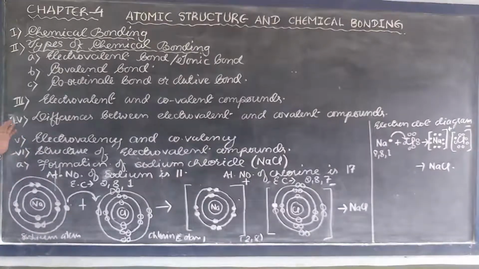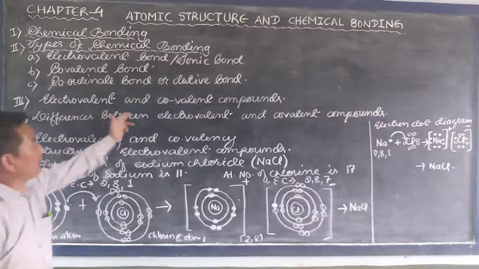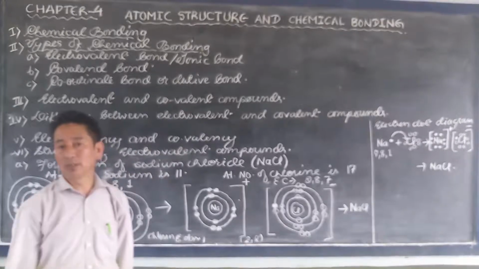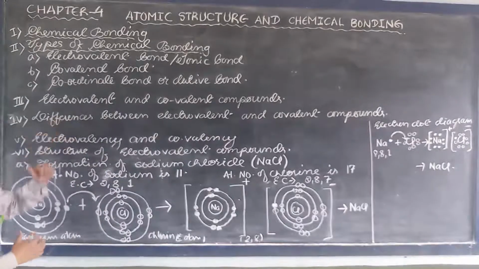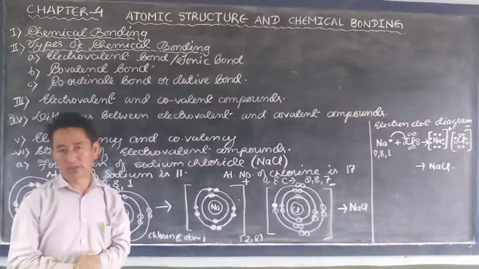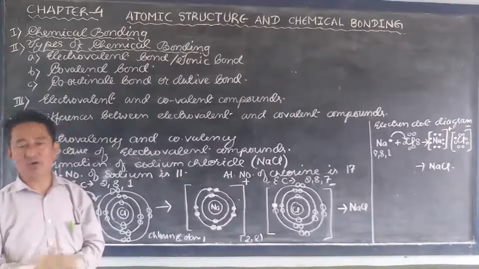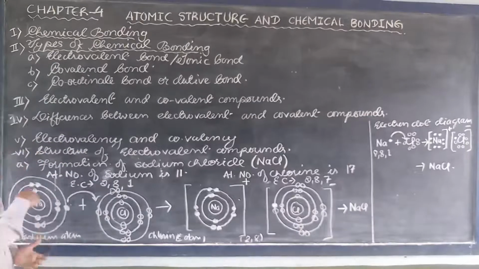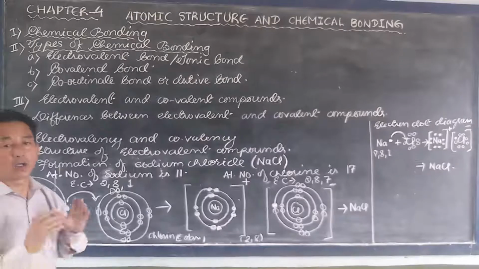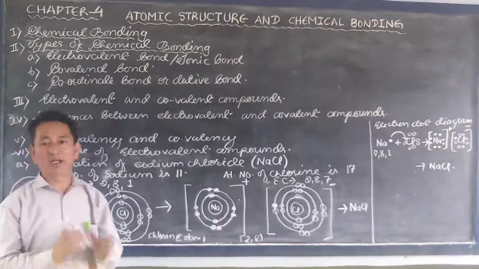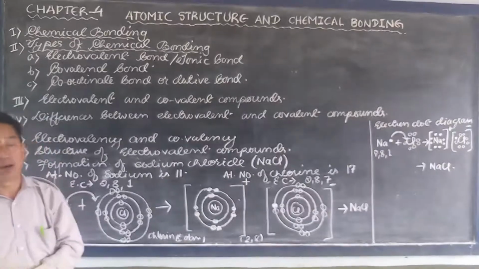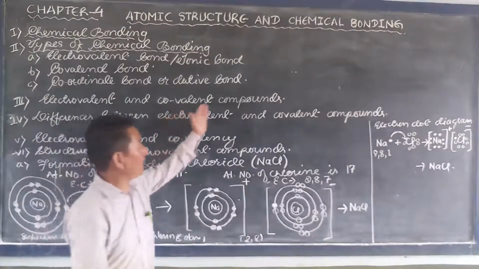Now next, number 3, electrovalent and covalent compounds. Now what are electrovalent or ionic compounds? The compounds which are formed by the transfer of valence electrons from metal to non-metals are known as electrovalent or ionic compounds. Now next, covalent compounds.